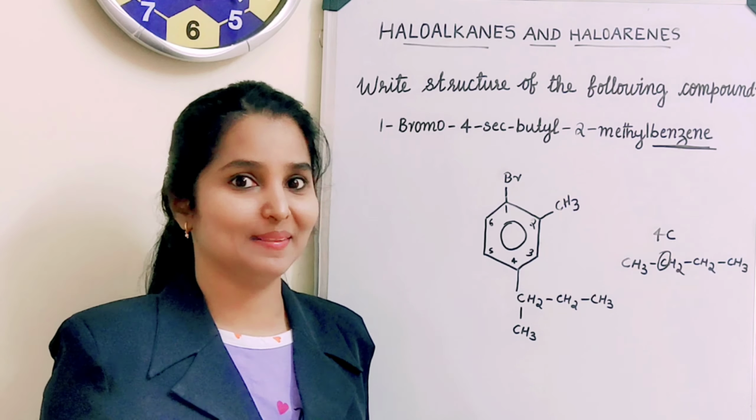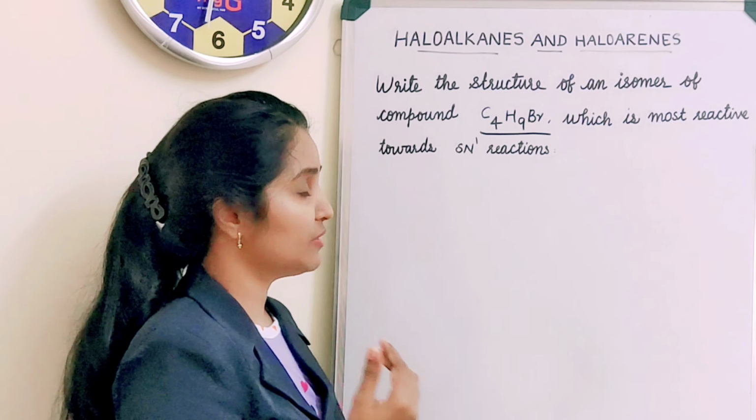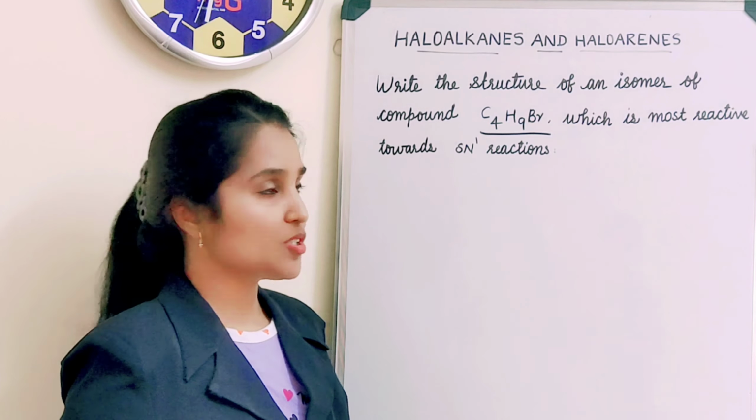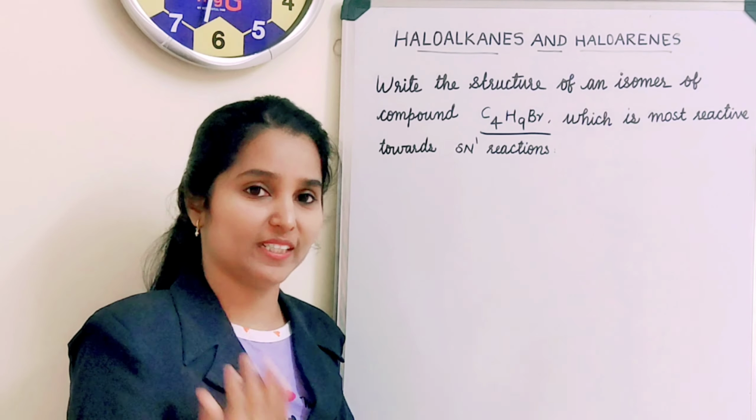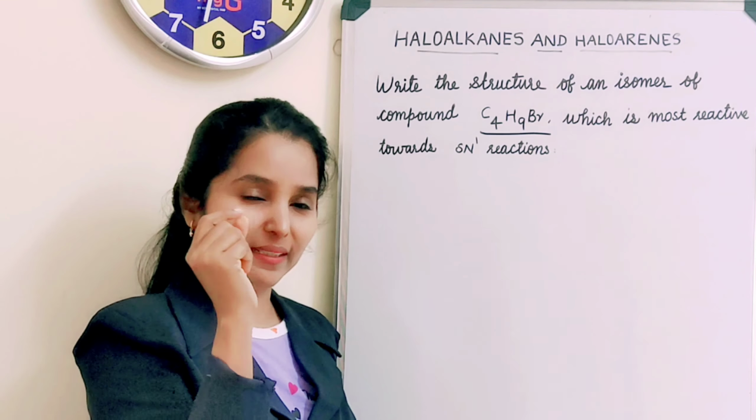Okay. Now let's move to the next question. Write the structure of an isomer of compound C4H9Br which is most reactive towards SN1 reactions. It's a bit confusing at first sight. Whenever you get a question, you have to read it again and again, which will give you clear-cut ideas to move to the correct answer. So what do you have to think?